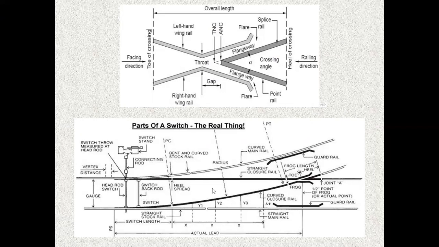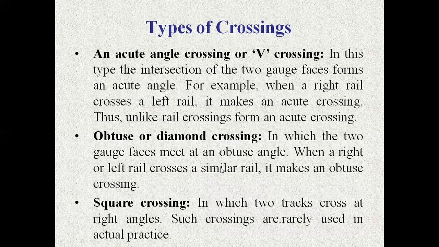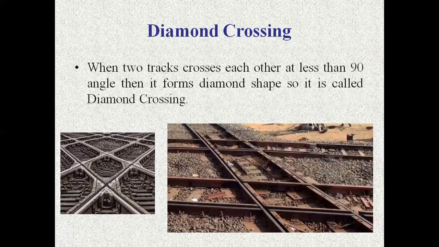If this is the main branch line, the main line for the locomotive traveling on the track, then at exactly 90 degrees there is another track passing through the main branch and cutting it, and this is known as a square crossing.